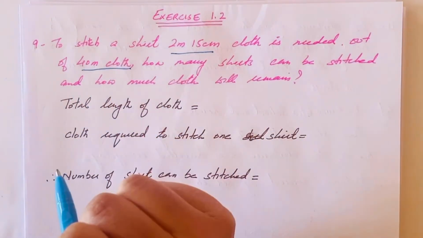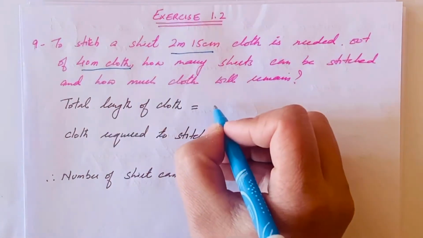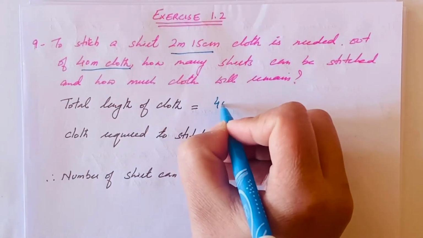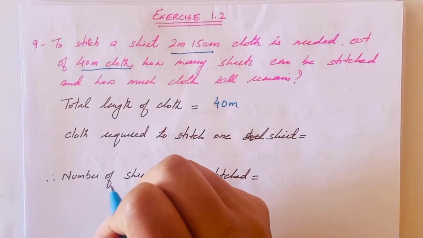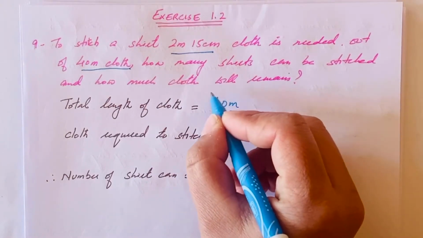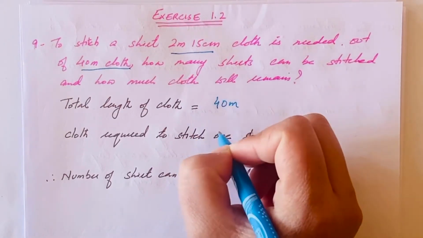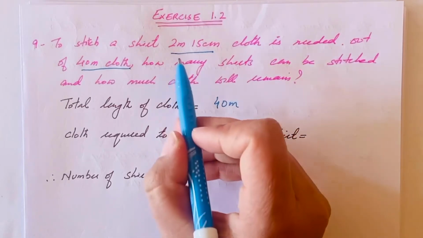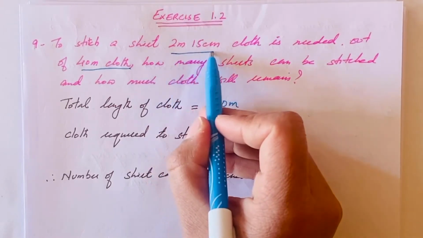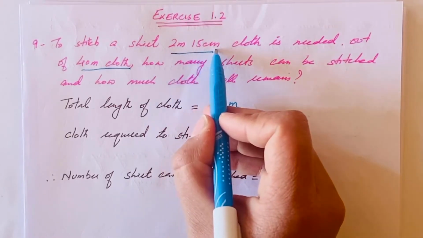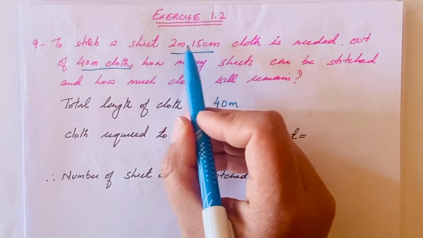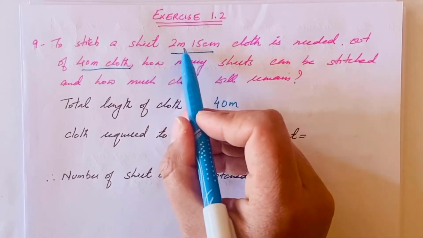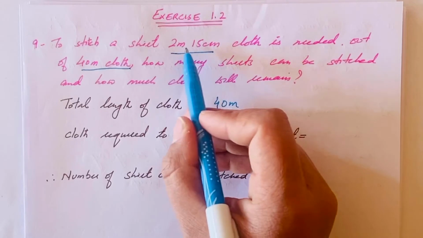So the total length of cloth you have is 40 meter. We are converting this meter into centimeter. Why? Because to stitch one shirt you are given 2 meter 15 centimeter. There are two different units, so we have to convert into one same unit.